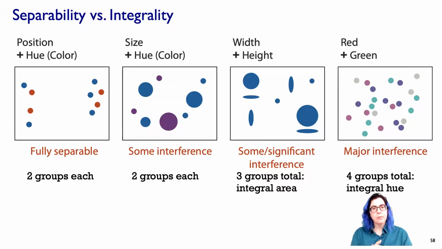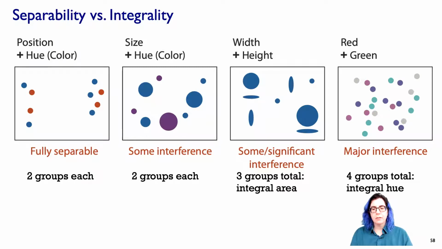Now, in some cases, we have a little bit of interference between them, because you might notice it's much easier to tell apart the color for the big dots than for the little dots. What's going on there? Size interferes with our ability to perceive color. So there's some interference, but we can still tell there's big and little, and there's purple and blue.